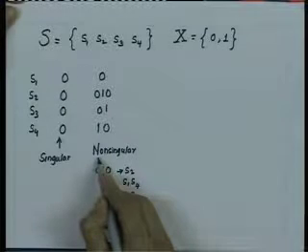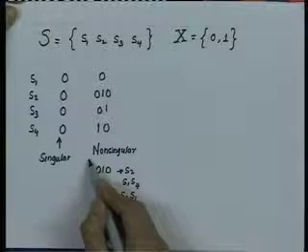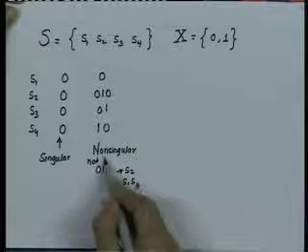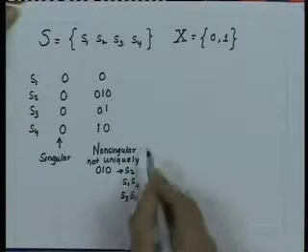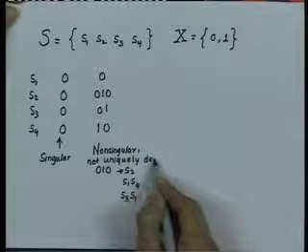So, this is another example of a not uniquely decodable code, but this is non-singular.